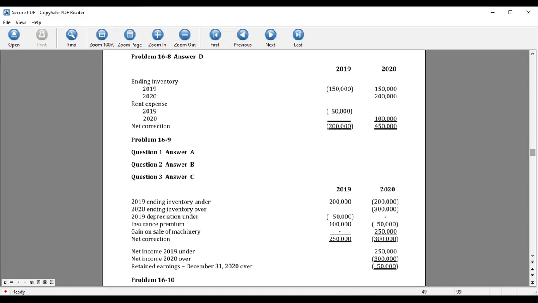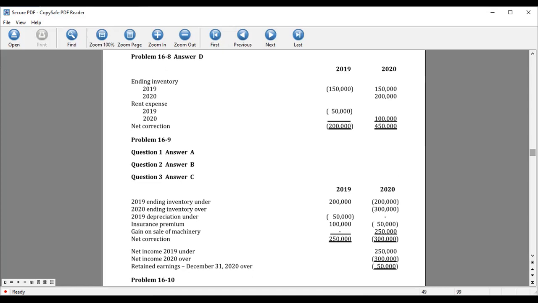Net correction of 250,000 for 2019 and 2020 for 300,000. Net income of 2019 is over by 250,000.